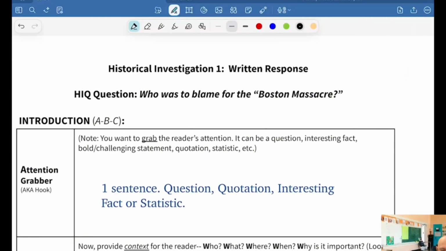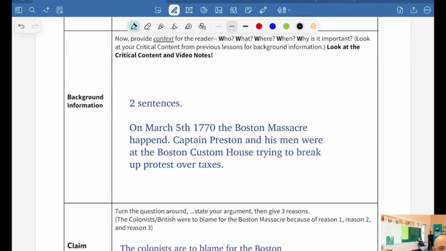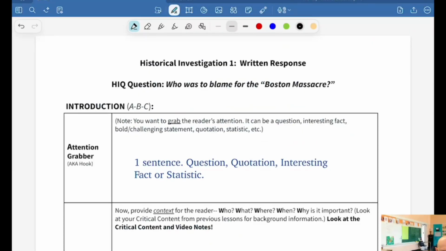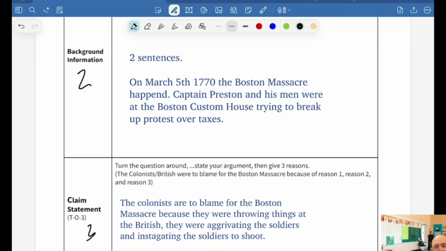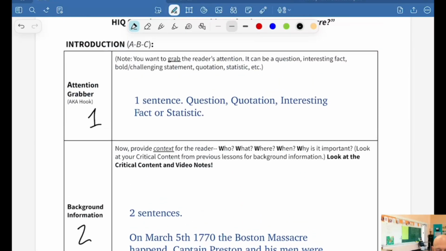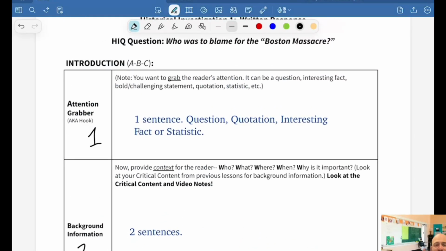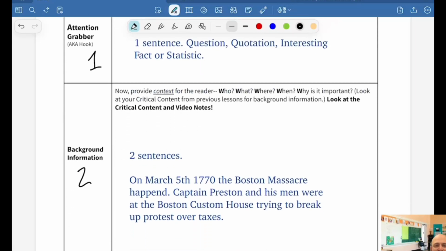And then for our introduction, we use ABC, 1, 2, 3, just like the Michael Jackson song, right? So your attention grabber needs to be 1 sentence long. It can be a question, a quotation, an interesting fact, or a statistic. We then provide some context to the reader by using the 5 W's of the event.